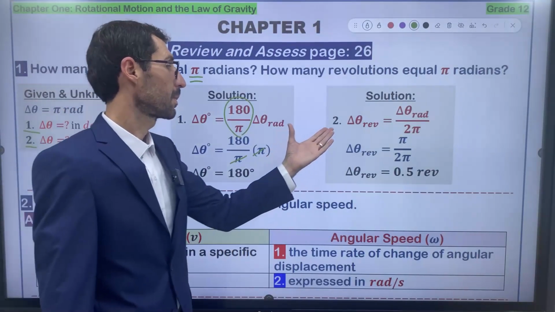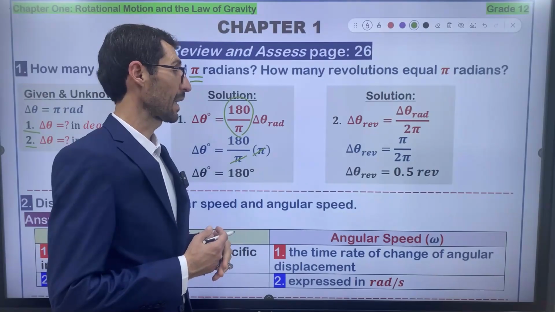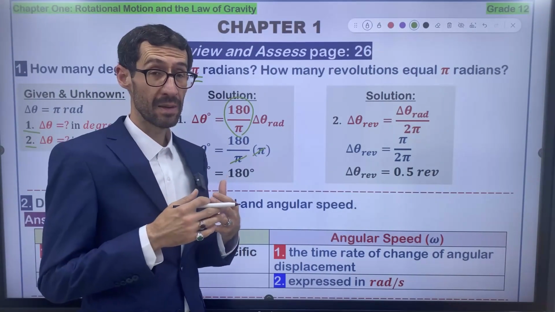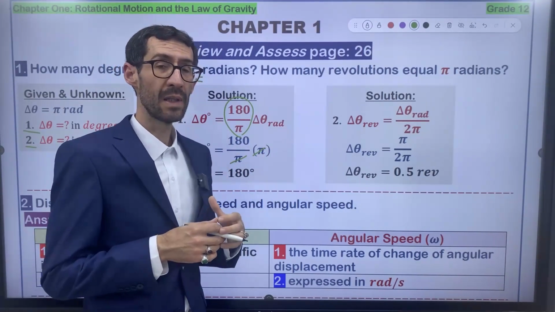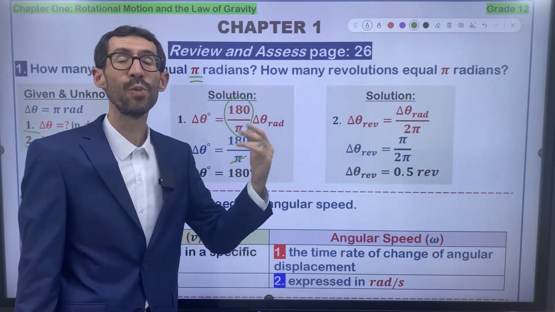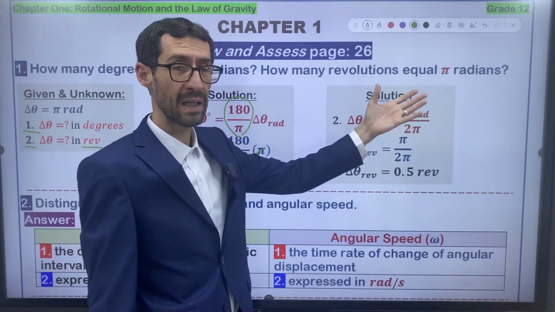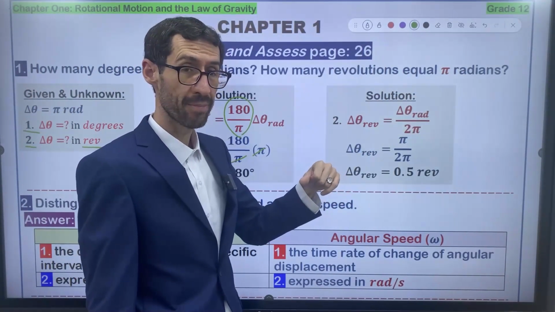Whenever you need delta theta, or the angular displacement, in rev, you have to divide the angle in radians by 2 pi.